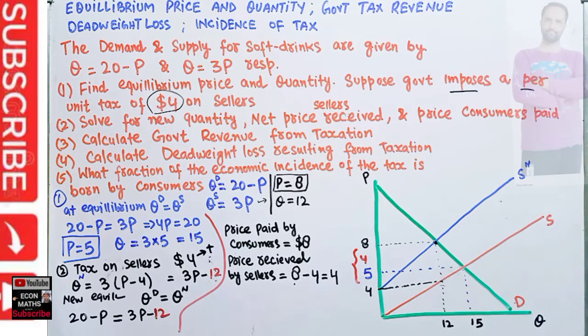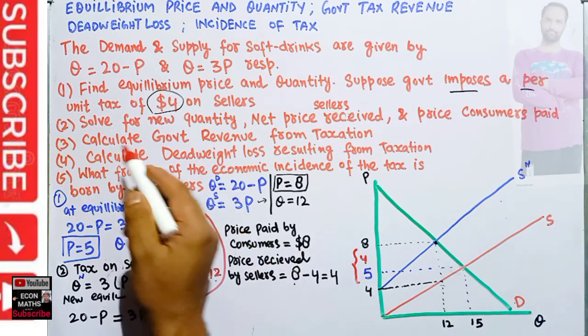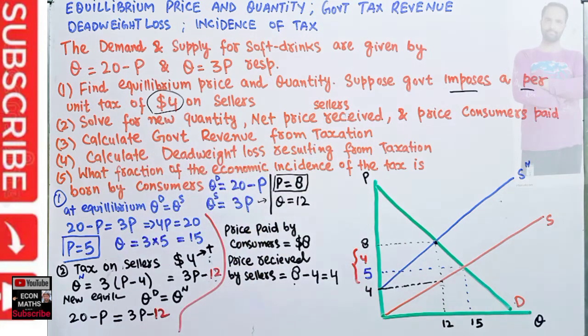Now the next part is to calculate the tax revenue from the taxation. So the third part is to find out the tax revenue. Now what will be tax revenue? Government tax revenue will be equal to simply the quantity transacted at the new equilibrium times the tax rate.